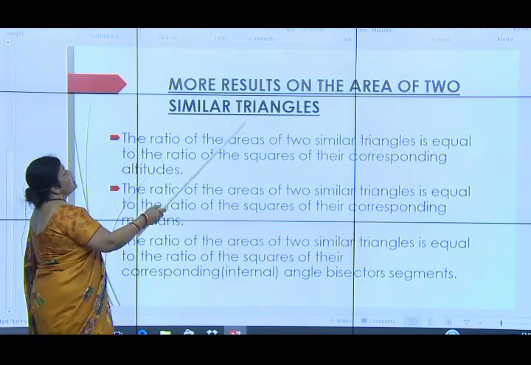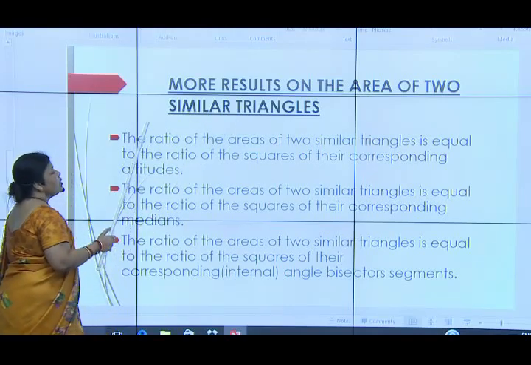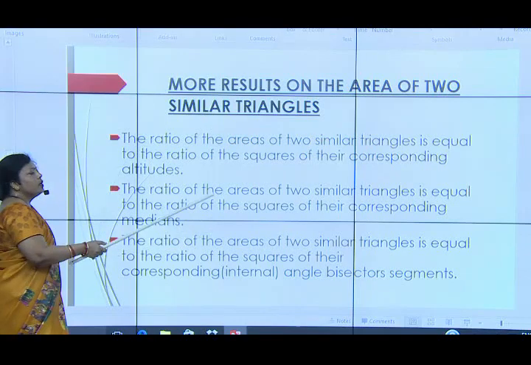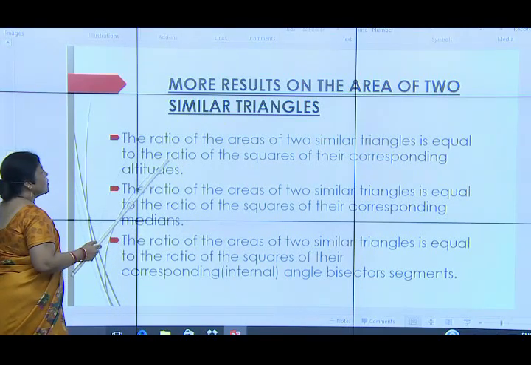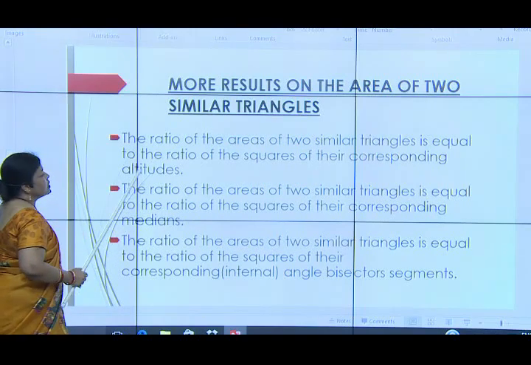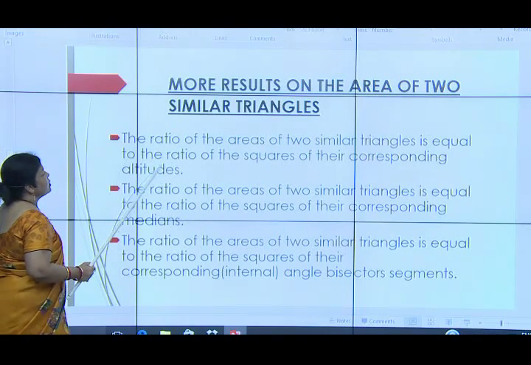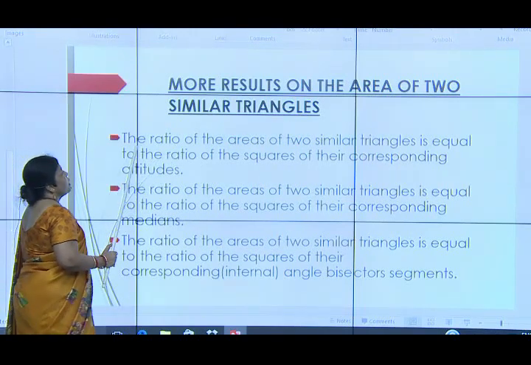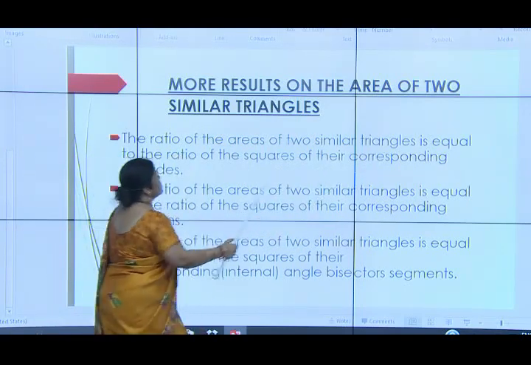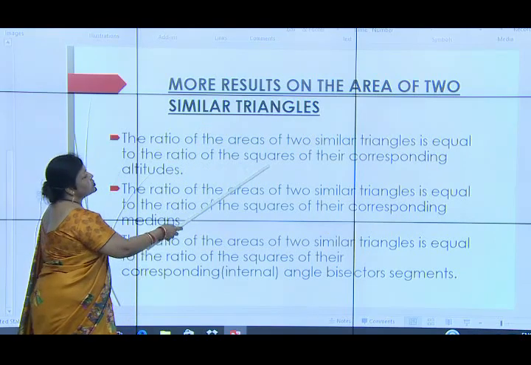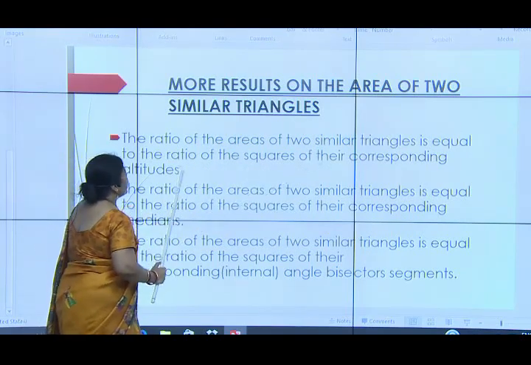More results of the area of two similar triangles. Now same way, when we calculated the area of the triangles, we are given more results that show how we can relate the areas with the other sides also. The ratio of the areas of two similar triangles is equal to the ratio of the squares of their corresponding altitudes.